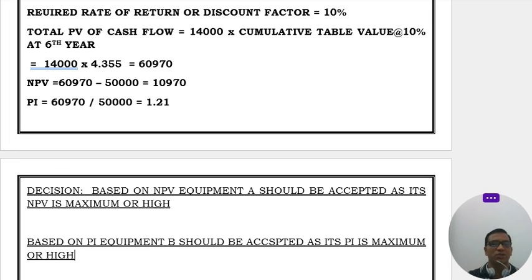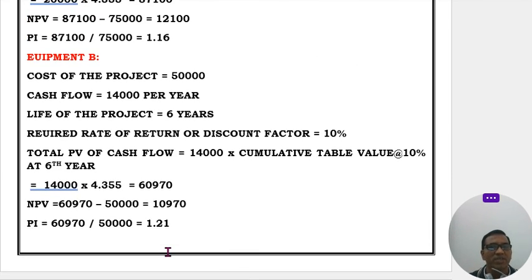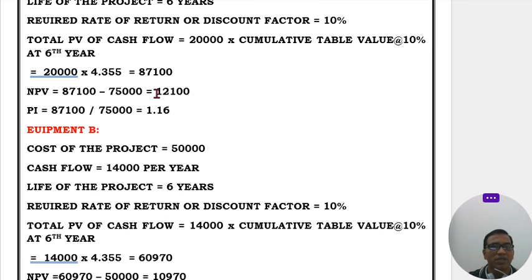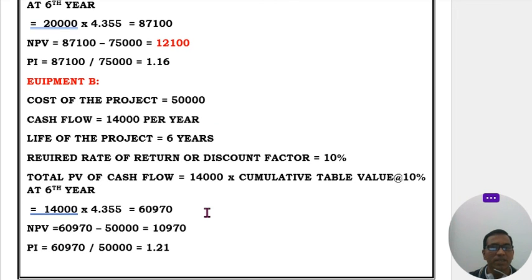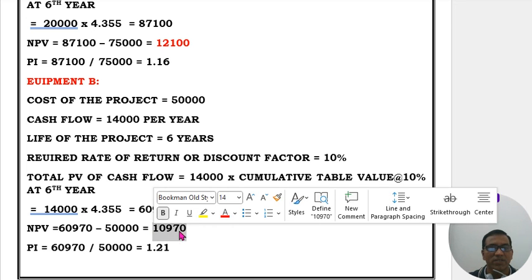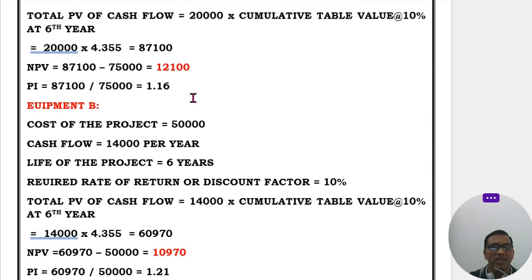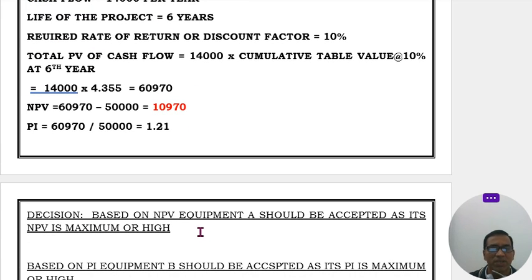So my dear, in this question, when you want to write a decision based on NPV, NPV is maximum in the case of A, 12,100, and here NPV is 10,970. So A is high, that's why based on NPV, equipment A should be accepted.